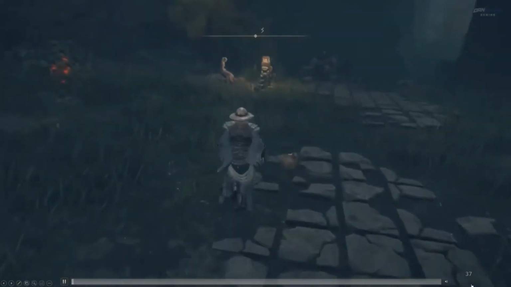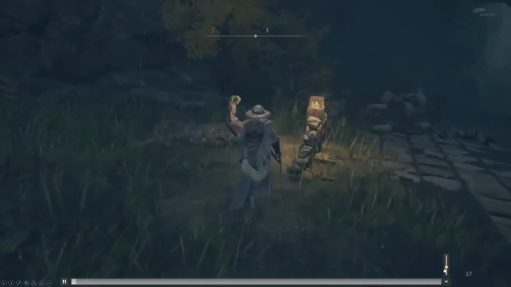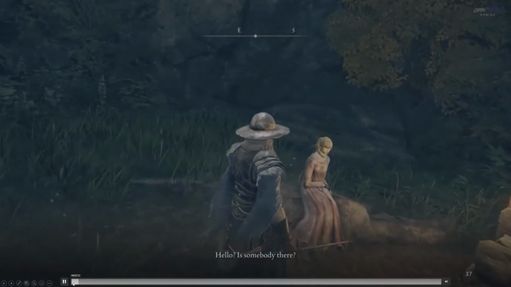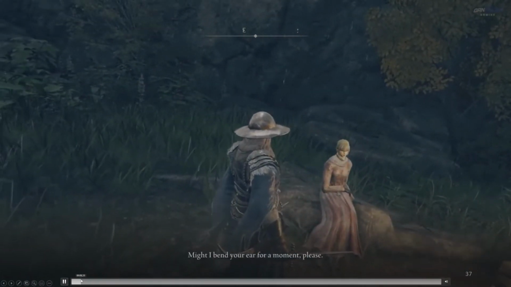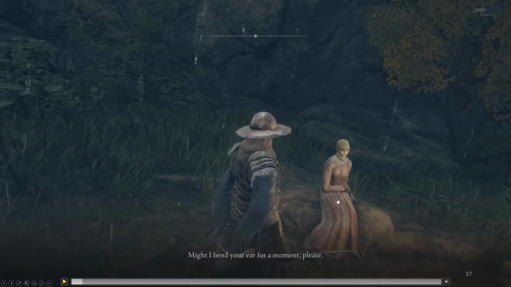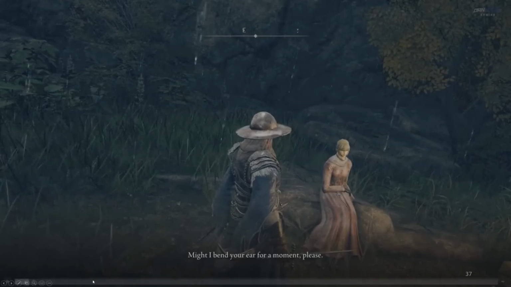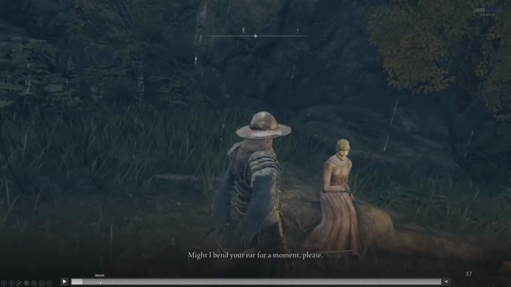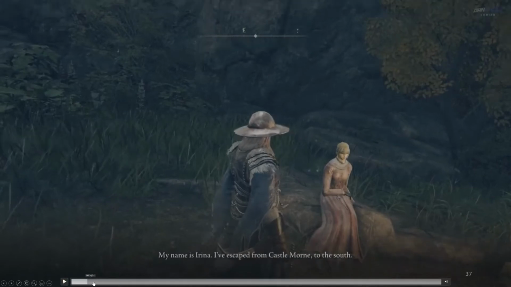This is just an area that we go through, and we see this NPC, and we see that there is this blind girl that is basically asking us for help because her castle was attacked by some monster, and her dad is still there, and she really wants to see her dad, and she gives us this letter that we are supposed to deliver to him. And she asks us for help because she obviously is blind and it's not safe for her to go there.